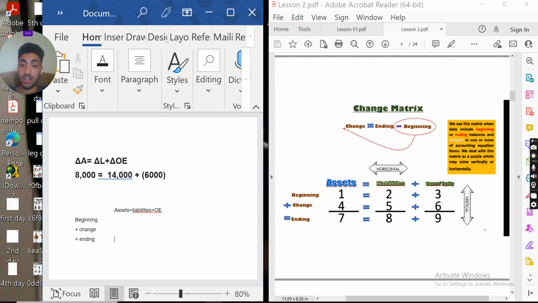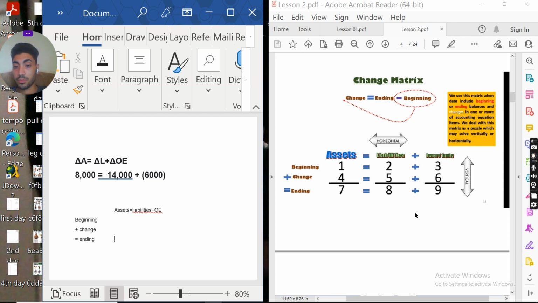So we write it like this: assets equal liabilities plus owner's equity horizontally, and vertically beginning plus change equal ending. And we start to write the beginning. We will give it numbers: 1 equal 2 plus 3, plus change 4 5 6, and ending 7 8 9.